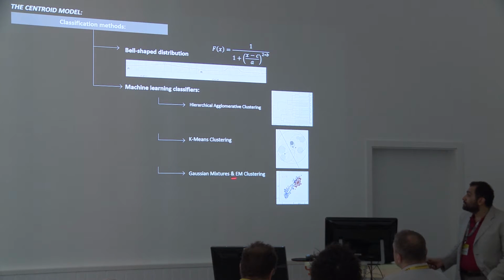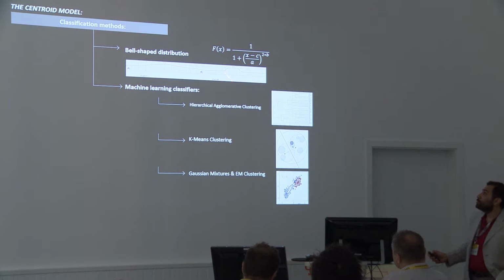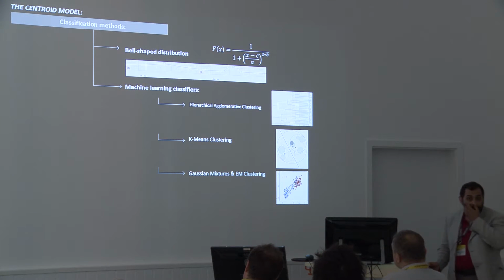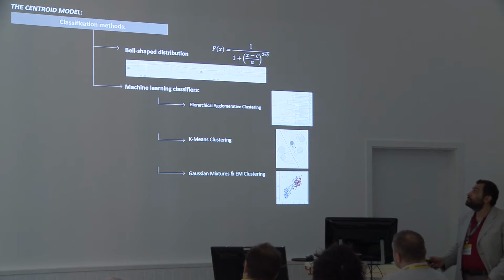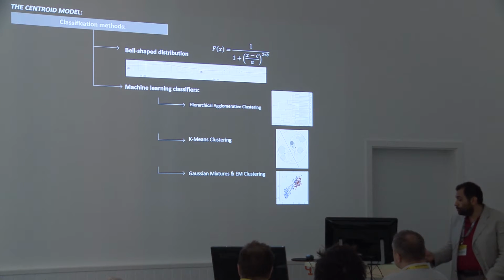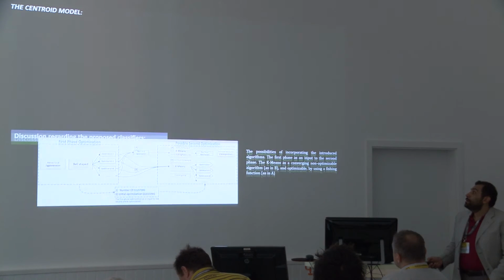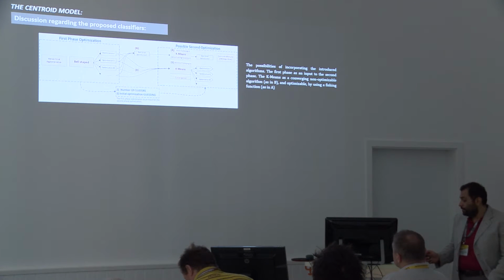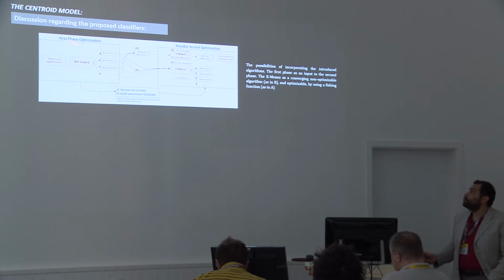Actually, this is the clustering method that attracted me to the machine learning classifiers from all of this. So how do all of these classifiers work? We can use these classifiers jointly together. We can cluster these classifiers into two groups.